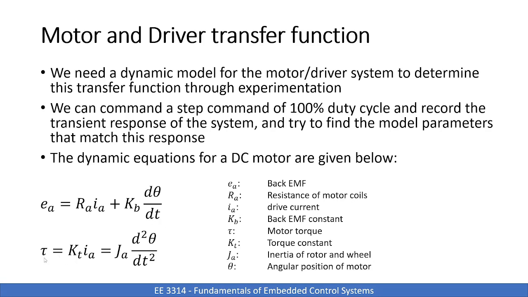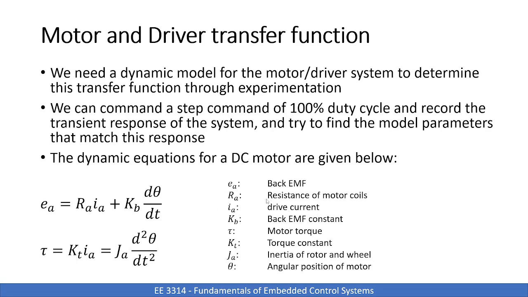And we also have torque is equal to the torque constant times the drive current, and that's equal to this inertia of the rotor and the wheel attached to the motor times the angular acceleration. Okay. All right. So those are kind of the governing equations for the DC motor. But you can see a lot of these we don't really care about.